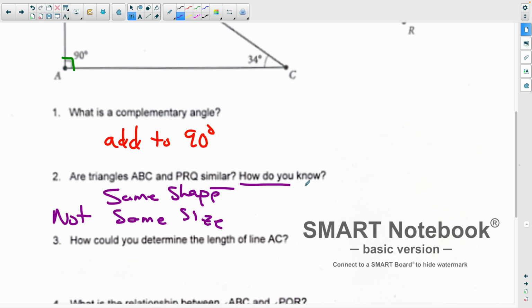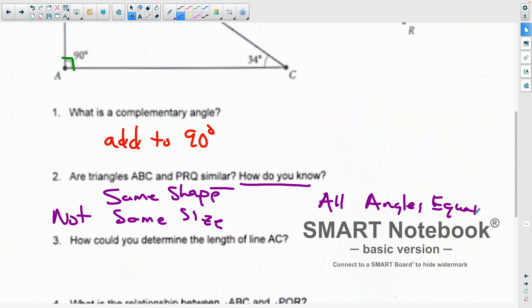We knew that. Many of you said because all the angles are the same. I guess not all the angles are equal, but they all have a matching one in the other triangle. Okay? So all the angles are the same. What would you call it if a triangle was the same size and the same shape? Identical.